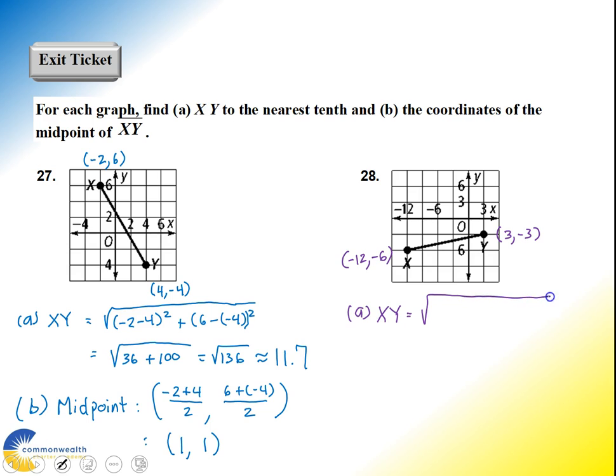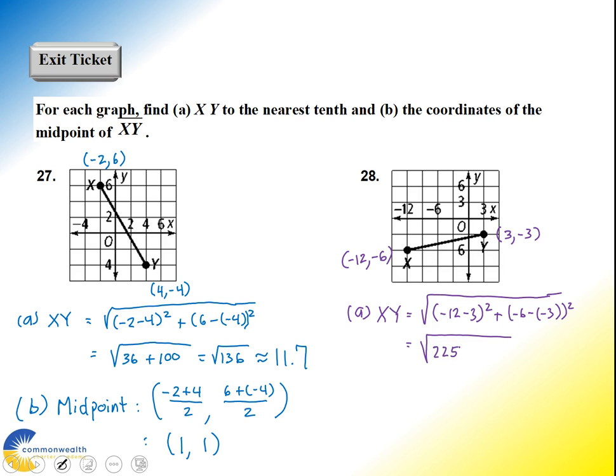As far as xy goes, for the distance between those, I'm going to use the distance formula again. I'm going to subtract my x coordinates, then subtract my y coordinates. I have to be careful of the signage. -12 minus 3 is -15, which when I square that, is 225.